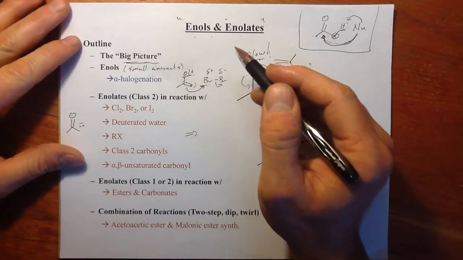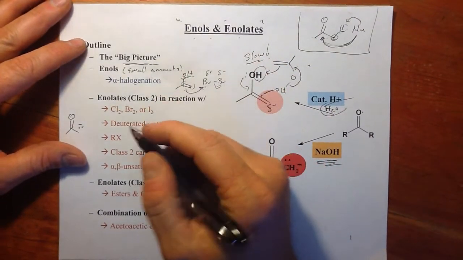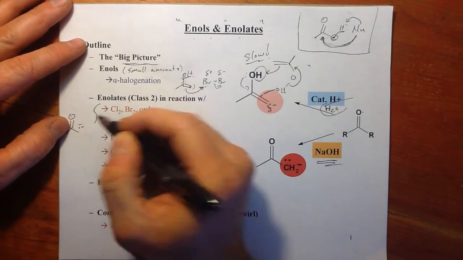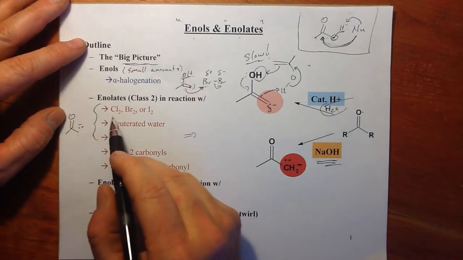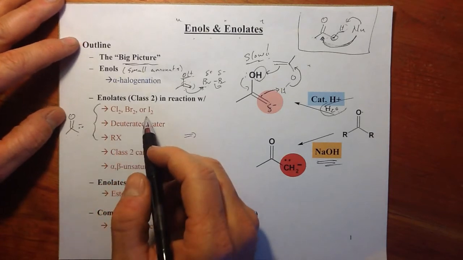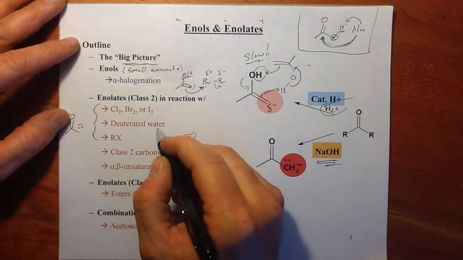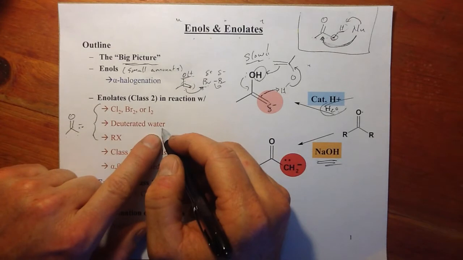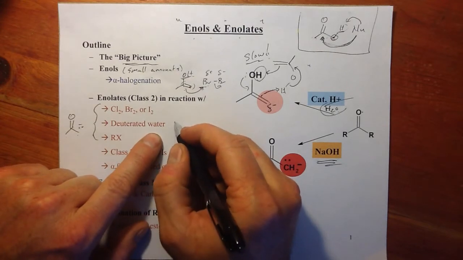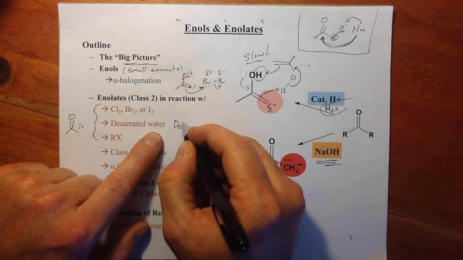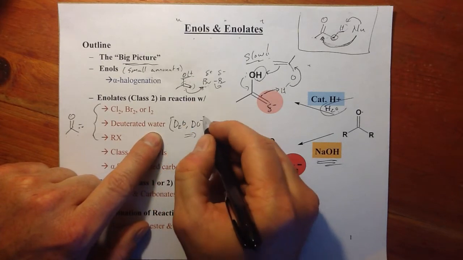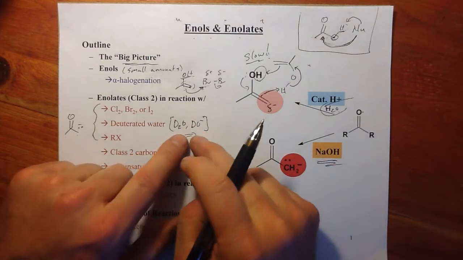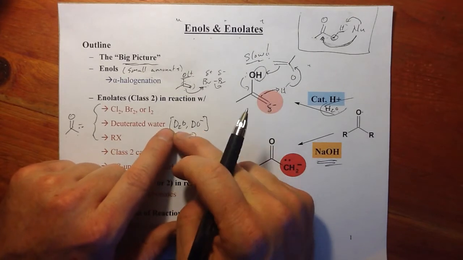So in this video I'm going to try to limit myself to just discussion of the attack of the enolate on Cl2, Br2, I2. The deuterated water I'm going to skip. We would have the ability to attack if we have base conditions, all where we're using deuterated forms of the base and the water.